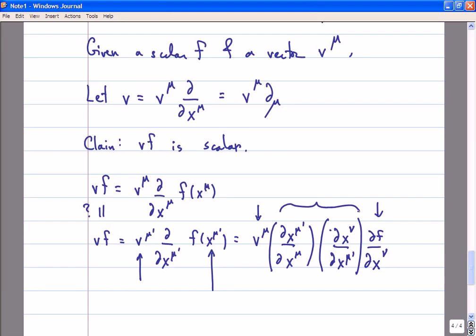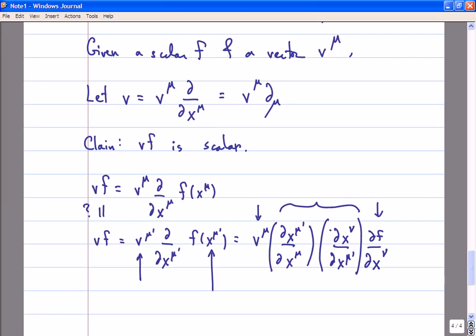However, as you hopefully learned on your last problem set, dx mu prime by dx mu is the inverse of the Jacobian dx mu by dx mu prime. So when you multiply these two Jacobians together, you get the identity matrix and they cancel out.